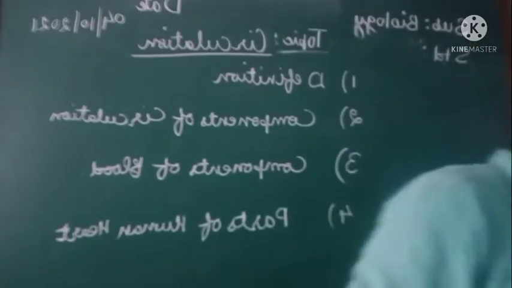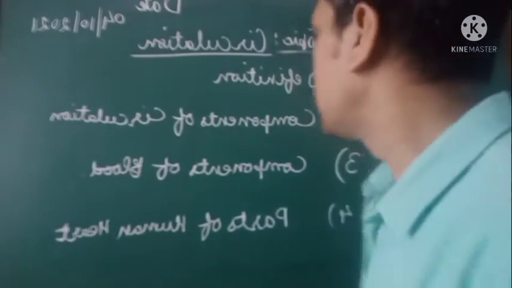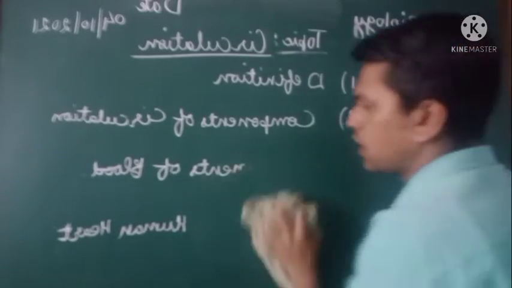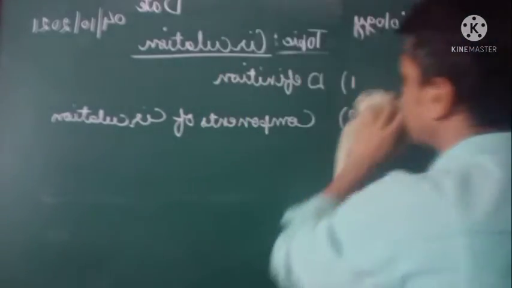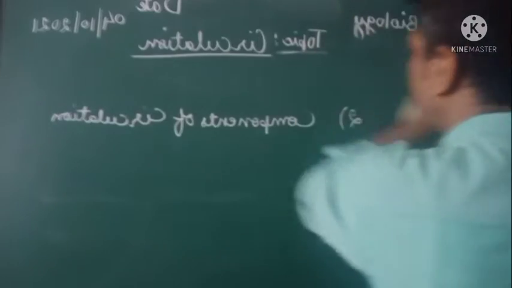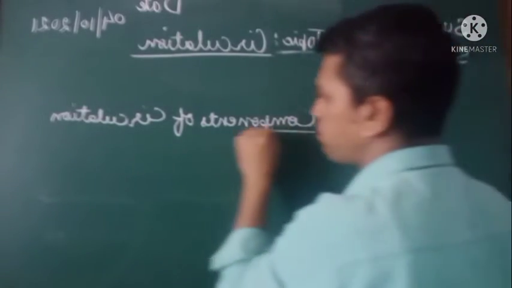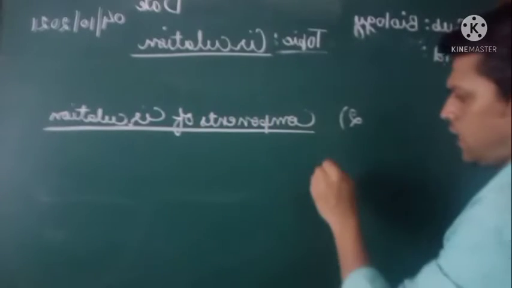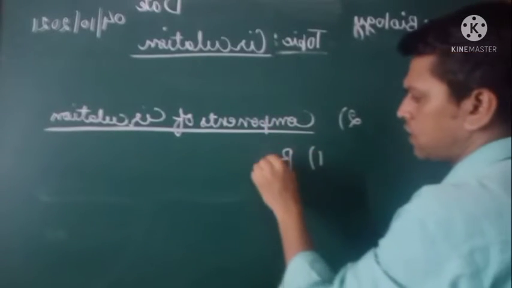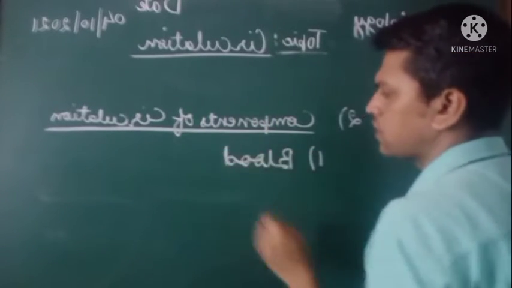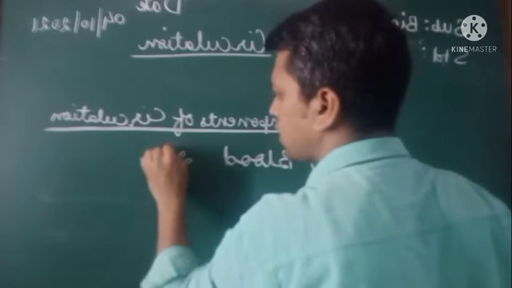In components of circulation, you have three important parts. The first part is the blood itself. The next is the heart.